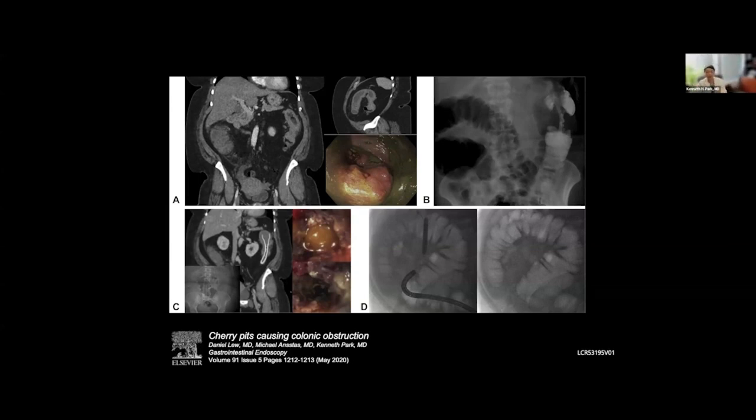And despite having the stent placed right in the middle of the stricture, it wouldn't fully open up. And unfortunately, this patient ended up eating cherry, despite telling her not to eat anything high residue. And not only did she eat cherry, she didn't spit out the pits, and all the pits got stuck. One particular pit got stuck in the middle of the stent, and she presented with obstruction.